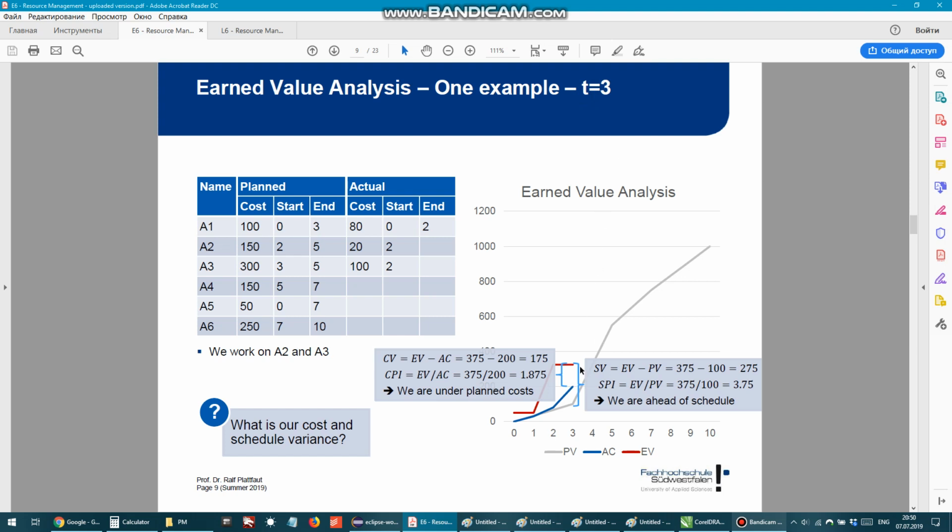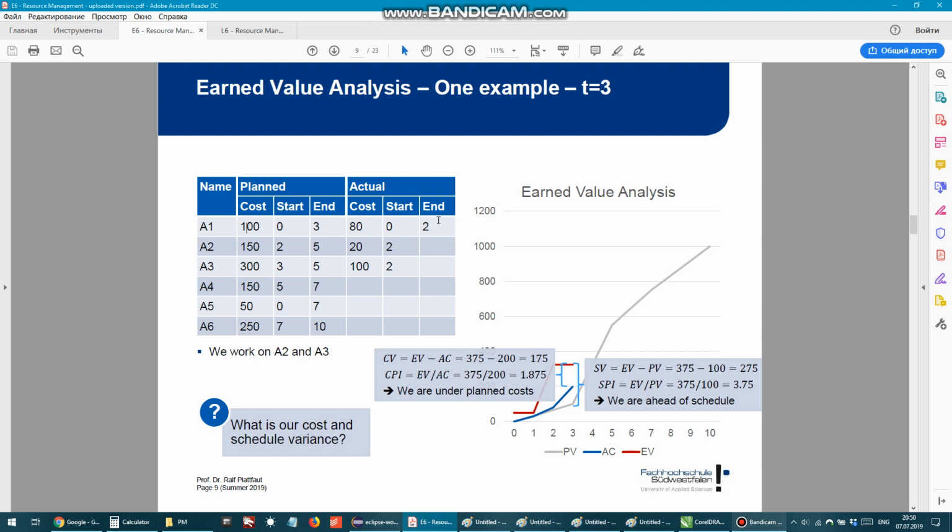I want to say from the beginning that there's one small mistake. It's 375 written, but it should be 325. I will explain why. By day 3, we already finished the first task, and we already earned 100.